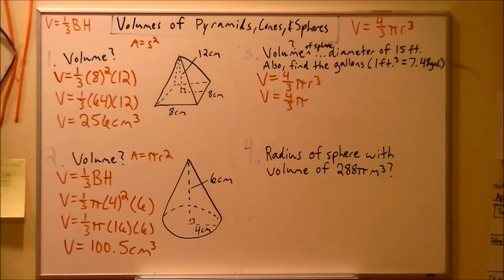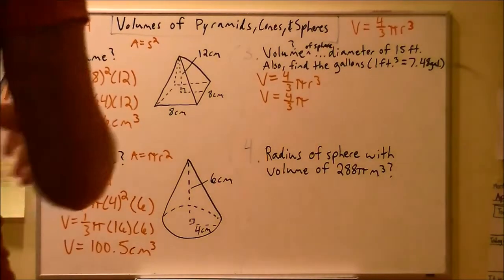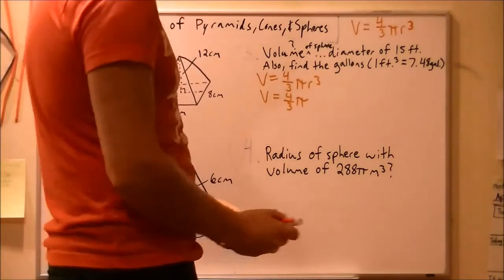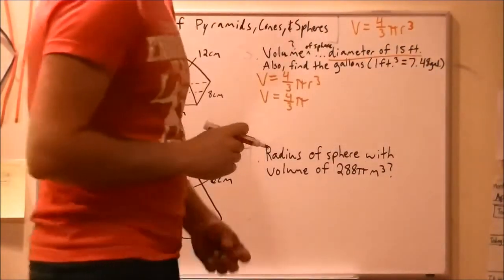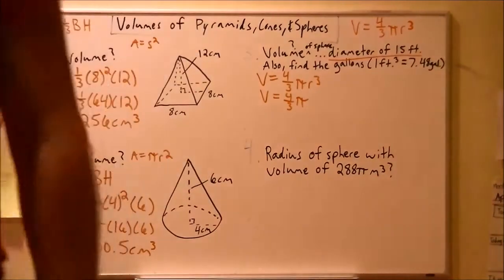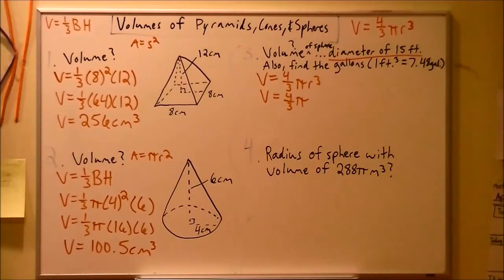Yes and no. No, in that I don't see a radius with a number connected to it, but yes, in that I see this three-dimensional circle has a diameter of 15 feet. Do you remember the difference between diameter and radius? Radius is not diameter, and diameter is not radius.